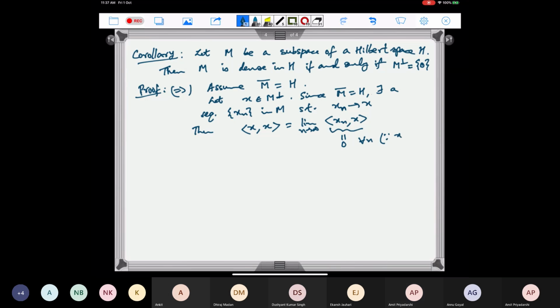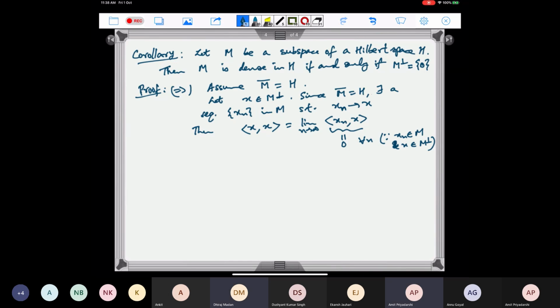Here x was assumed to belong to M perp, but why is there a sequence xn which converges to x? Because M is dense in H. So for any vector in H, M closure, it is in H, right?